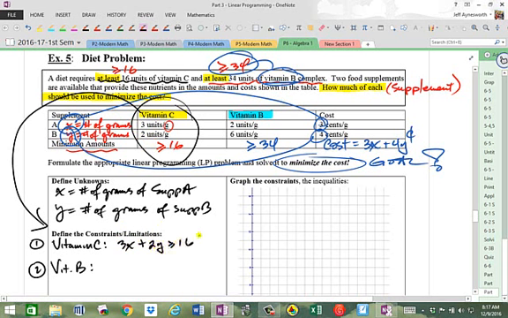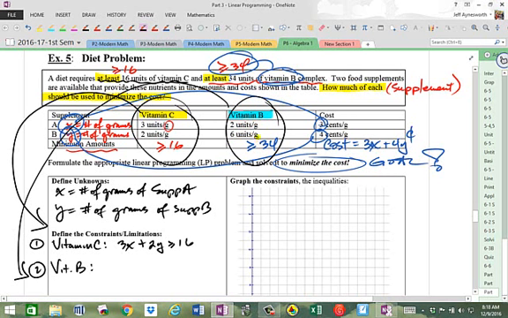Our next constraint is here. For every gram of supplement A, we have 2 units of vitamin B inside, and 6 units of vitamin B inside supplement B. So supplement B is much richer in vitamin B than supplement A. The question is, how much should we use?